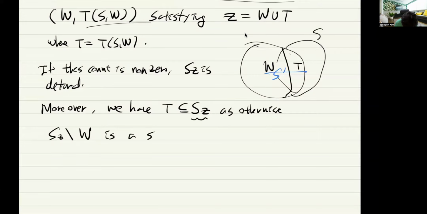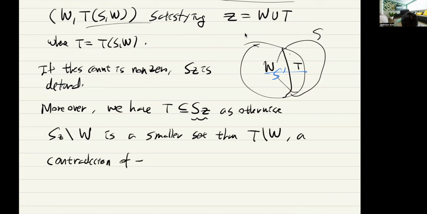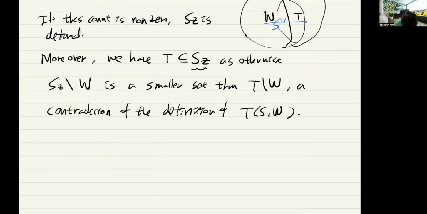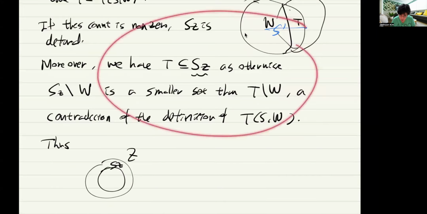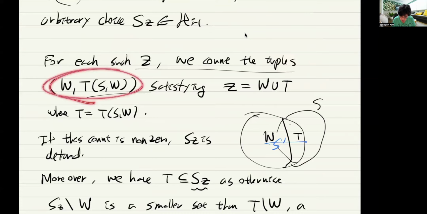And T minus W, a contradiction of the definition of minimum fragment. Thus, what do we know? For this G, we have a SG. Then what I just said above holds for any such choice.